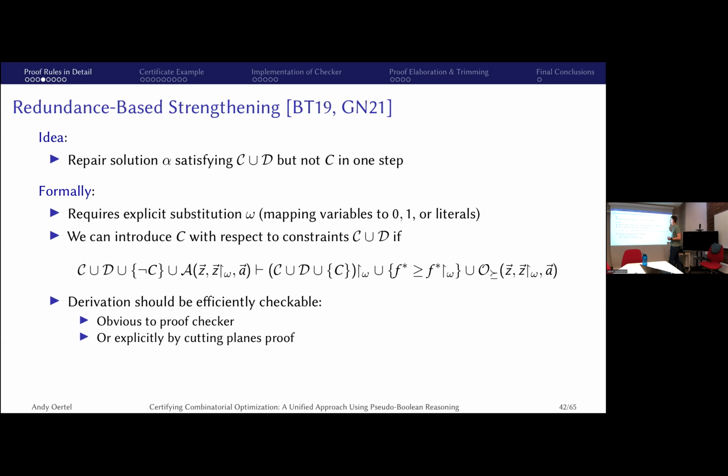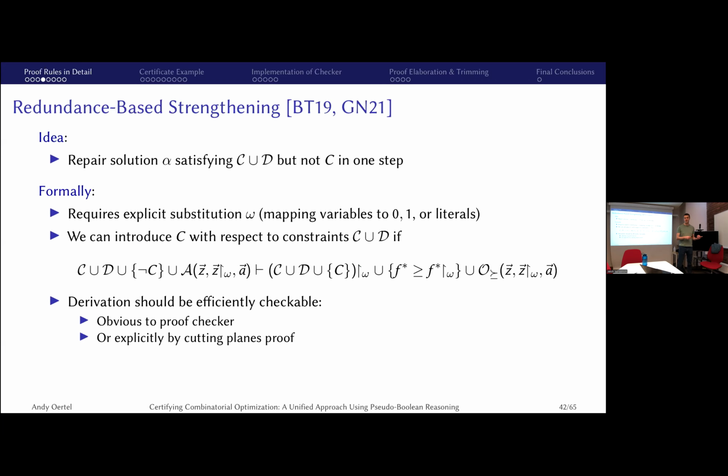To show this, we give a substitution, which has to be given explicitly, and which is just a mapping from variables to 0, 1 literals.